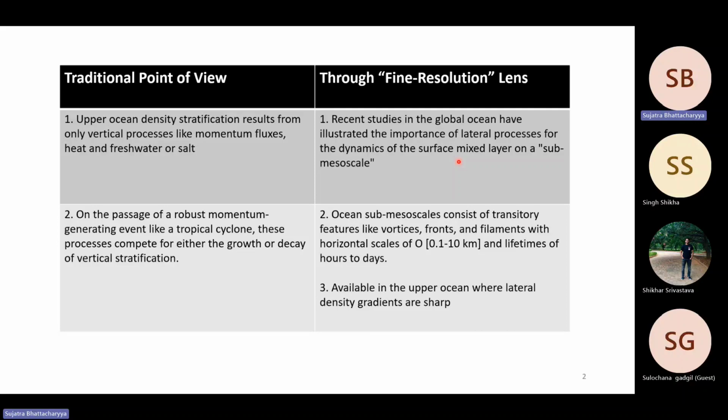So it's 1 kilometer or even finer horizontal resolution models.